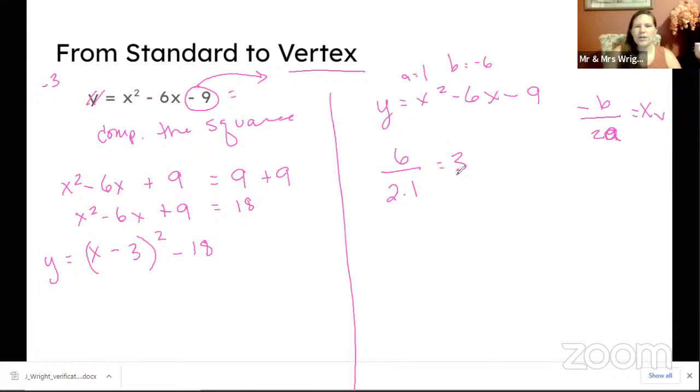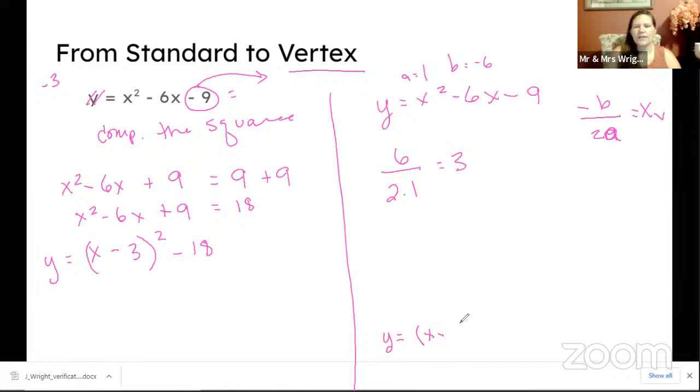So now that we know the vertex of the x, we have to think about, okay, well, what's our vertex form? Our vertex form is y equals a(x minus h) squared plus k. In this case, a is 1. We already know that. So I'm going to go ahead and erase that because we don't need to have a 1 times something, right?